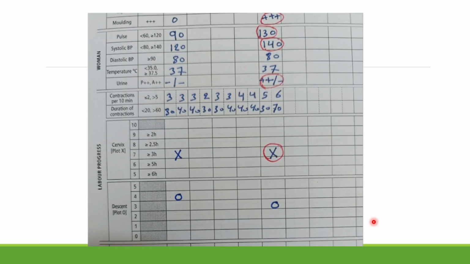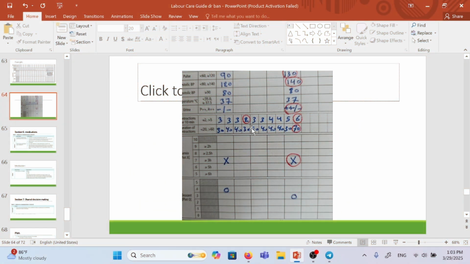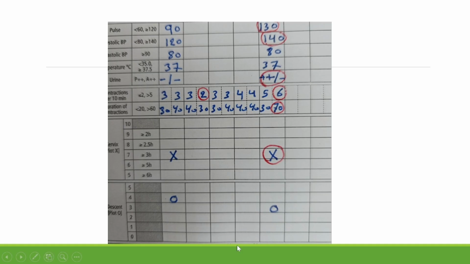Let's see the other example, about Maryam. Her contractions were 3 at the time of admission, okay, and it was within the normal values, but after 1.5 hours only 2 contractions, so this goes with alert, so encircle with red. 3, 3, 4, 4, 5, and here it is 6 contractions, so these are frequent, tachysystole.